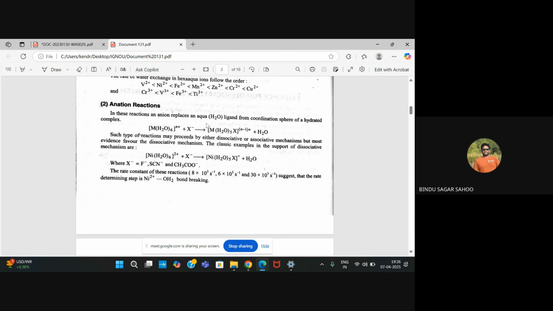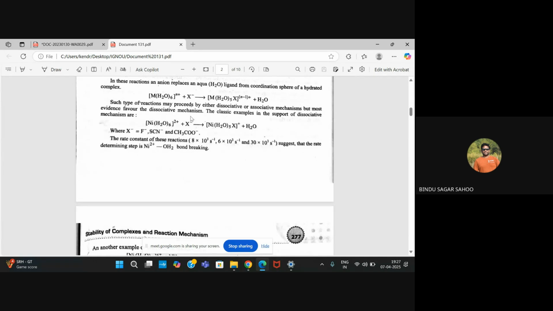Such reactions proceed either by dissociative or associative mechanism, but mostly by the dissociative mechanism. In the dissociative mechanism, initially one of the waters is removed from the complex, forming a pentacoordinated complex. Further, the incoming ligand attaches to the pentacoordinated complex, forming a hexacoordinated or octahedral complex.